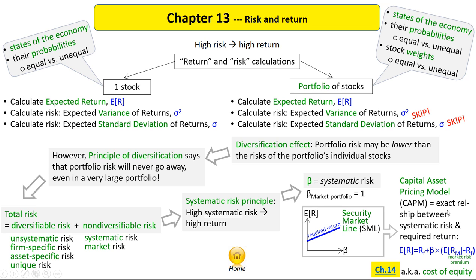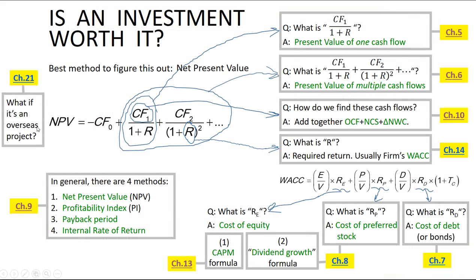From the firm's perspective, the return on stock is called cost of equity, and that was covered in Chapter 14. Okay, let's go back to the overview of the entire class and then go to Chapter 14, where the cost of equity becomes part of a larger formula, the weighted average cost of capital.